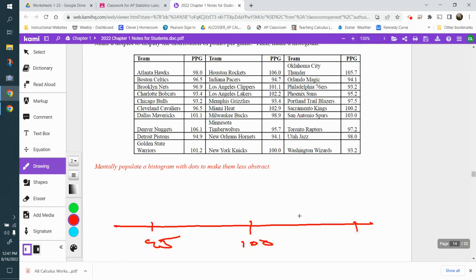And then I'll do 105 here. So what happens is we start getting lots of numbers. So I got a 98. I got a 96.5. I got a 96.9. I got a 93.4, a 93.2, a 96.5, 101.1, 100.6, a 94.9, a 101.